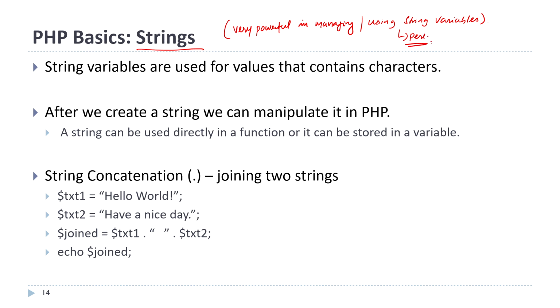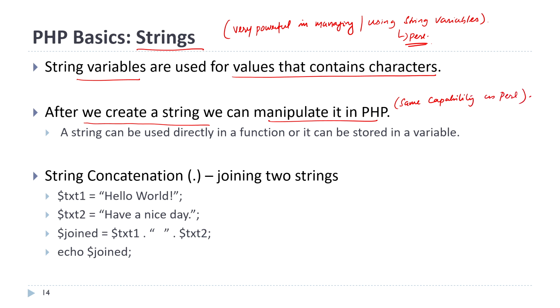Perl also has the same string capability. So, what are strings? String variables are used for values that contain characters. When you have a large set of characters, you use a string variable. After we create a string, we can manipulate it in PHP, with the same capability as Perl. A string can be used directly in a function or it can be stored in a variable.